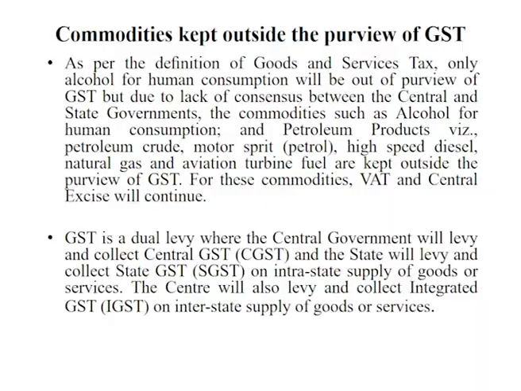So this is the dual tax structure where the central government will levy central goods and service taxes, and state governments will levy state goods and service taxes on all those transactions taking place within one state.